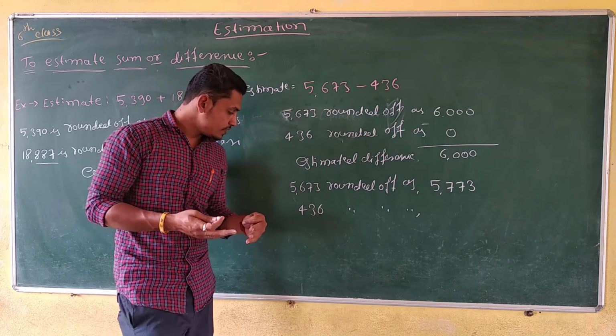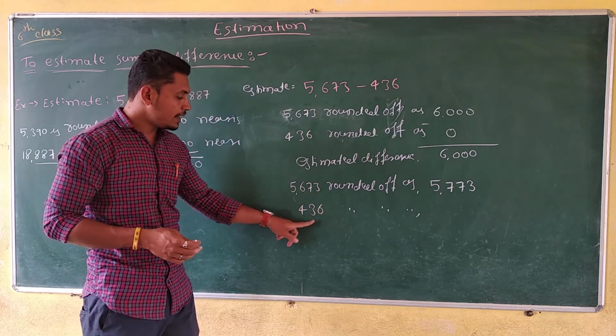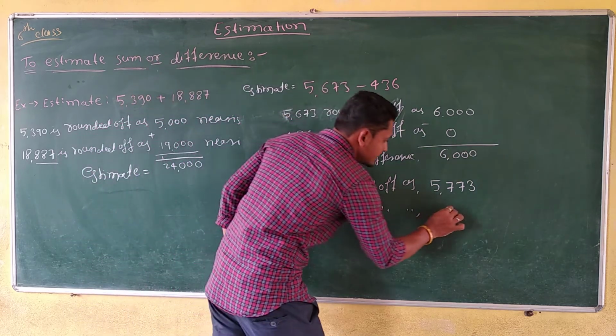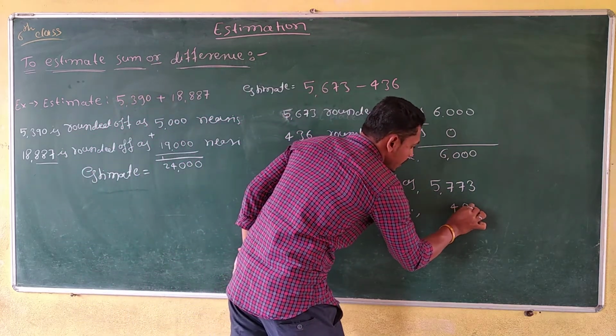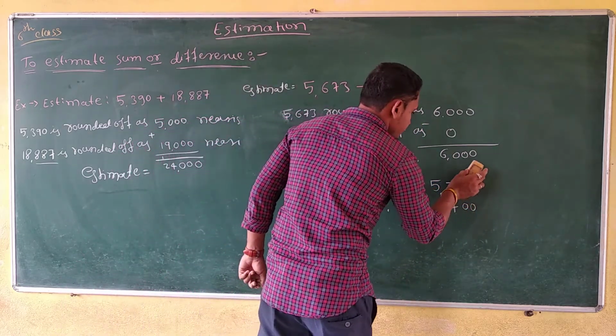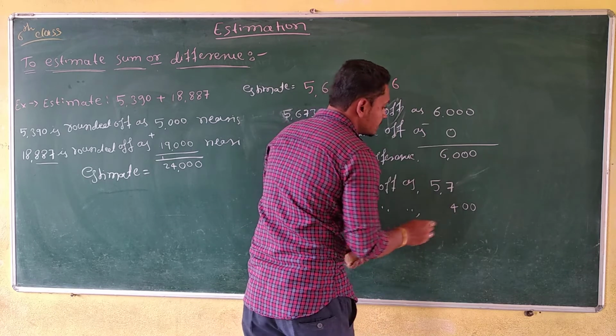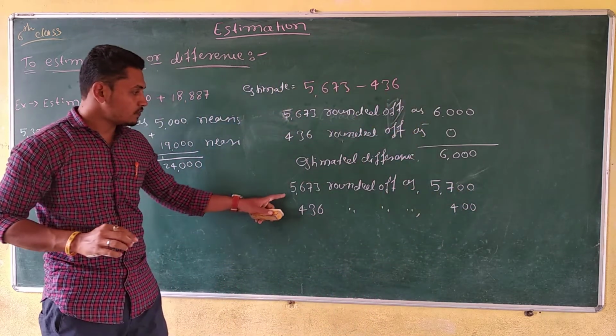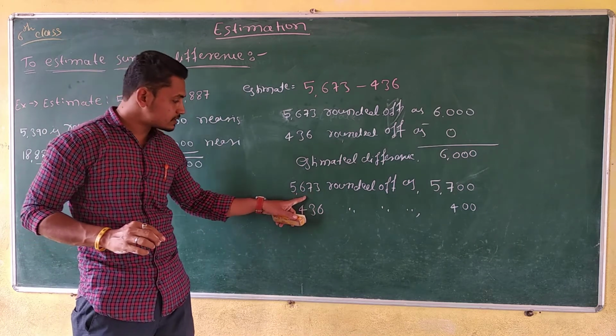So that's why the 4 in the hundreds place is written as it is, and now this number becomes 0. Next, these two numbers are also written as 0.